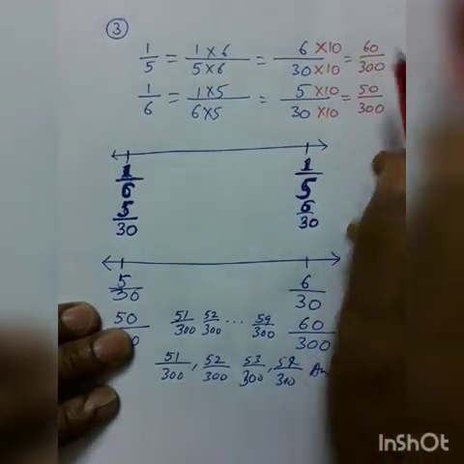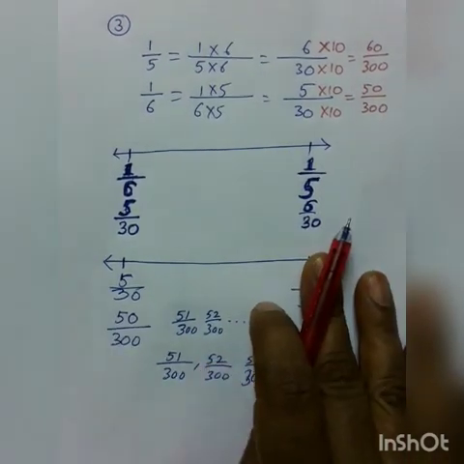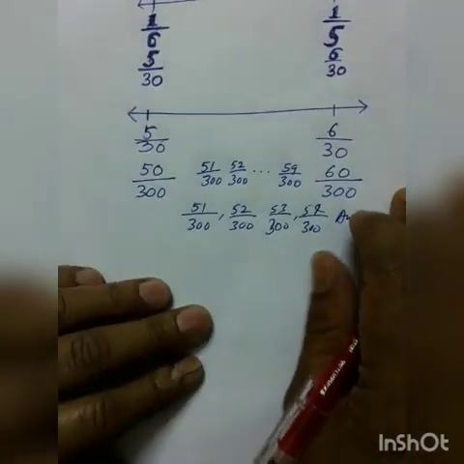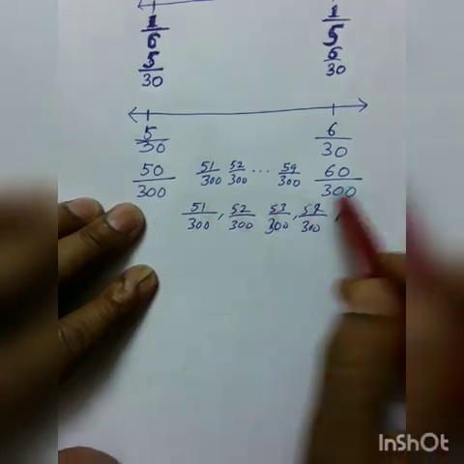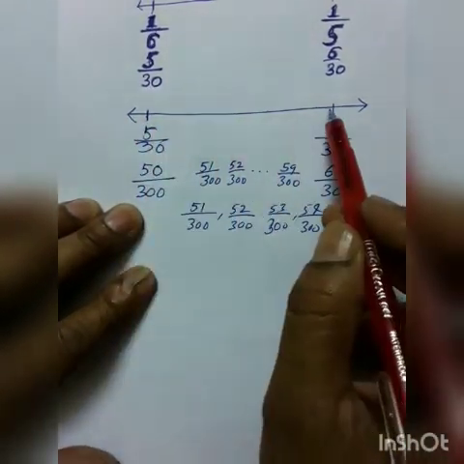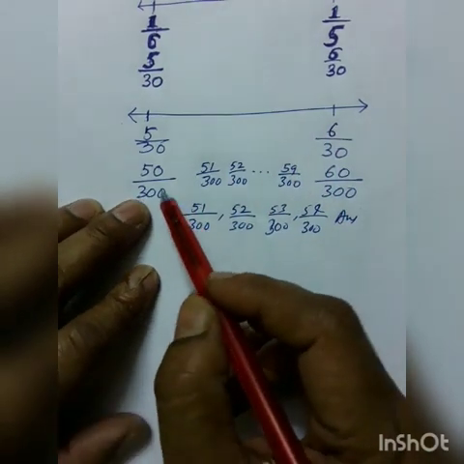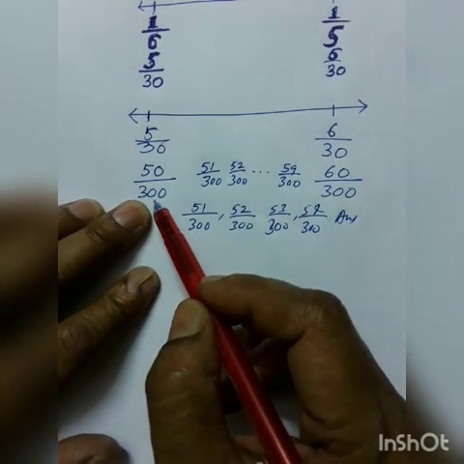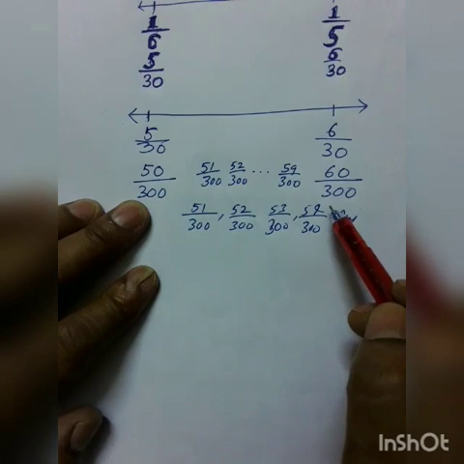So it is 60 by 300. This is 50 by 300. Now see, this is 50 by 300. This is 60 by 300. Now place these two on the number line. So between 50 by 300 and 60 by 300, now we can take many numbers.